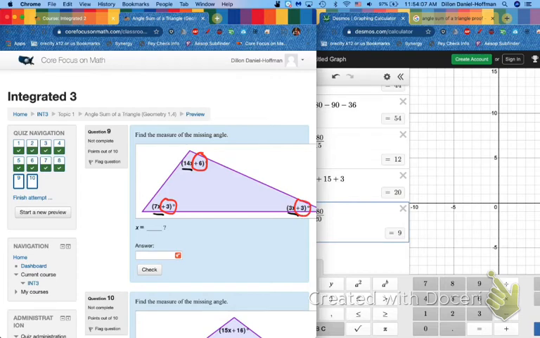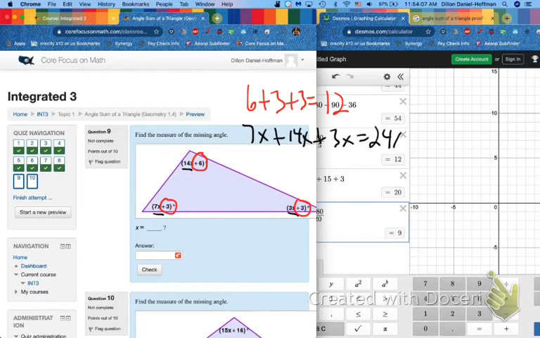So here's what we're going to do. We're going to combine those numbers. So 6 plus 3 plus 3, and I'm doing this in red to match the color, is 12. And then my x's are 7x plus 14x plus 3x is 24x.